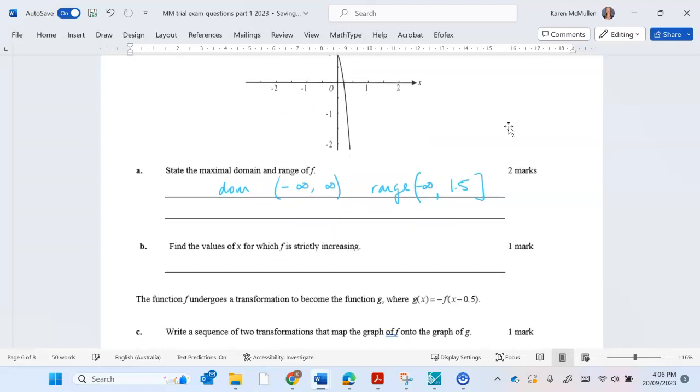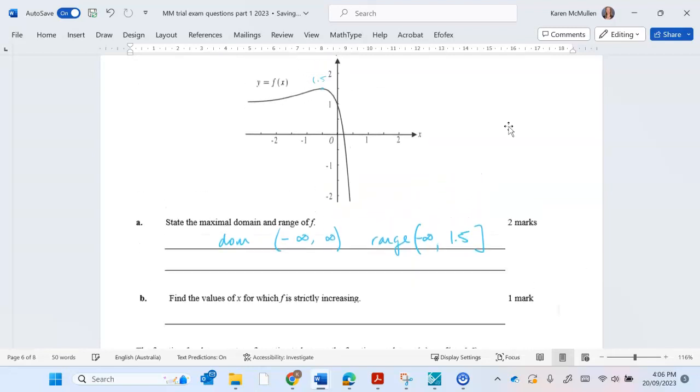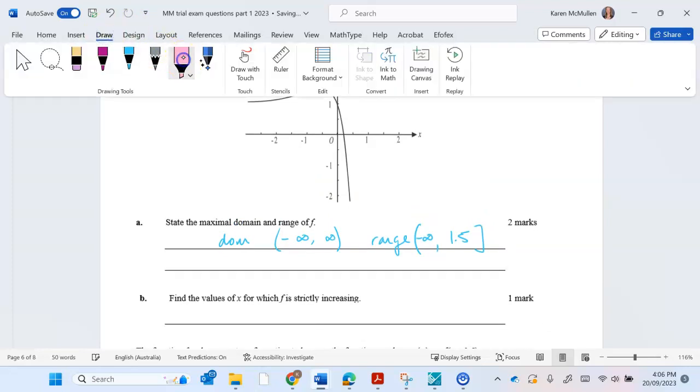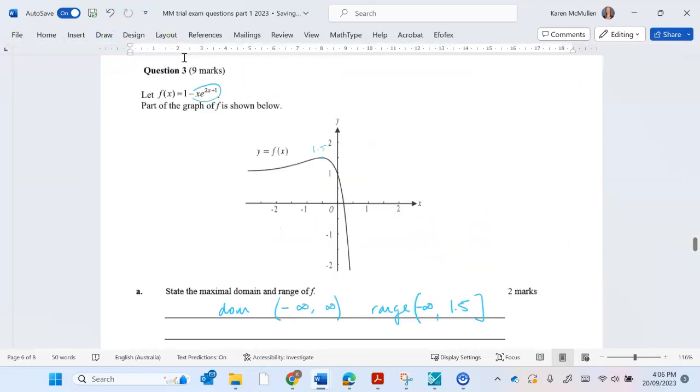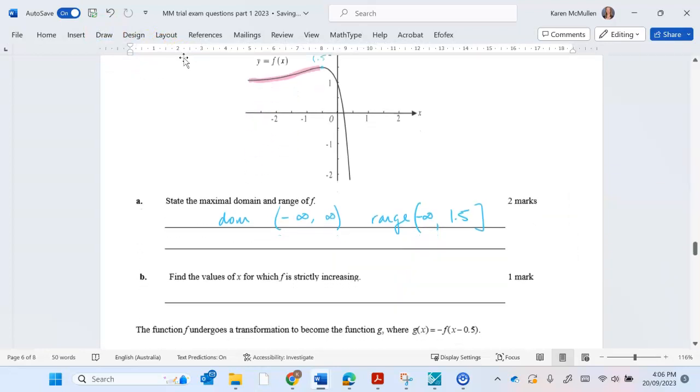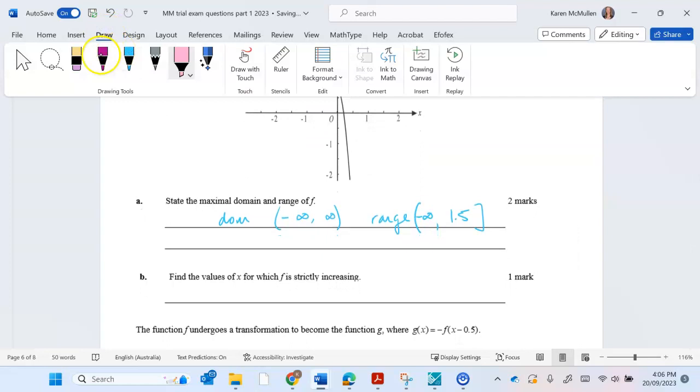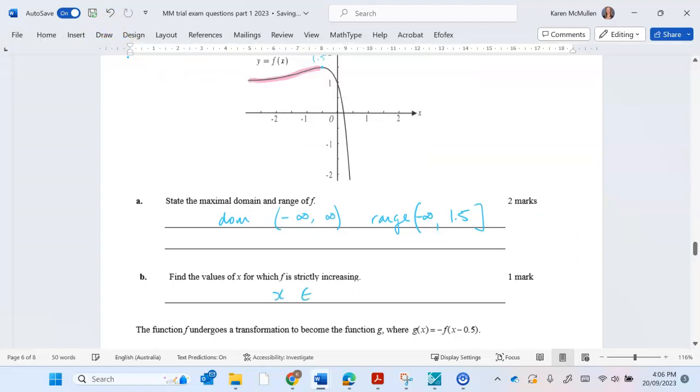Find the values of x for which f is strictly increasing. We can see from the graph it is increasing until we get to 1.5, not including 1.5 because that is where it is 0. So x is an element of, going from negative infinity to 1. Oh sorry, not 1.5, my bad.